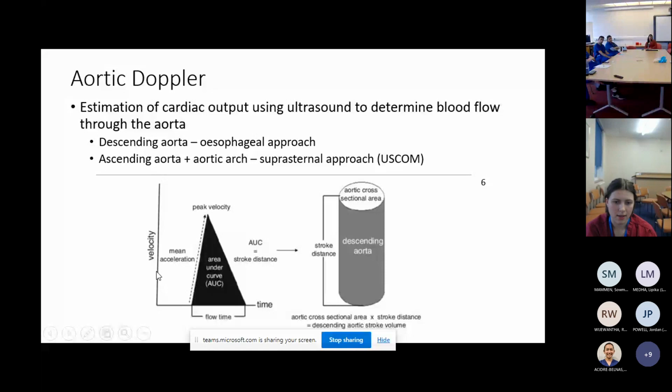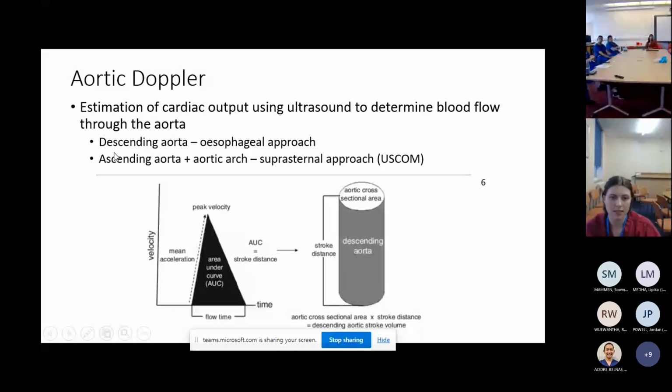And then you can plot it against time, and the area under the curve is equal to the stroke distance, which is how far a column of blood moves up the aorta with each systole. And then if you multiply this stroke distance by the cross-sectional area of the aorta, you can figure out the stroke volume, and then obviously that times the heart rate will be the cardiac output.